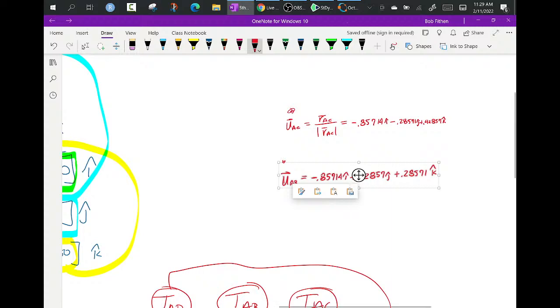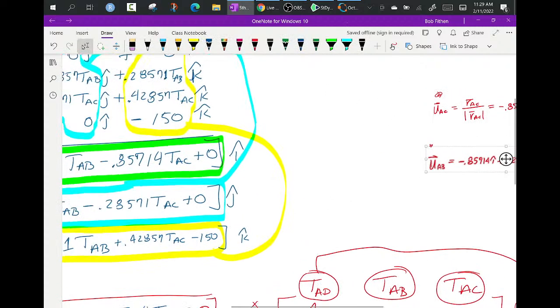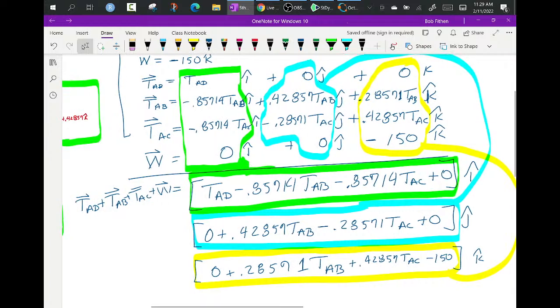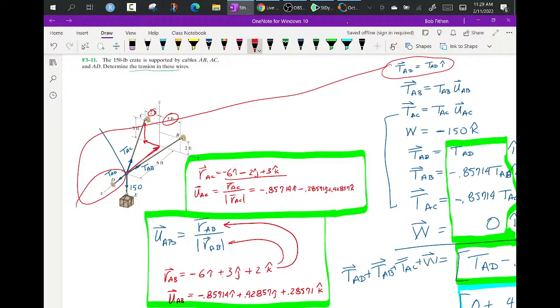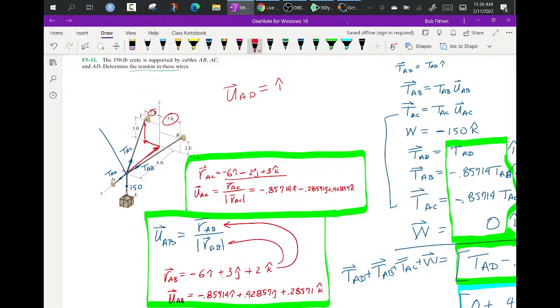Now I'm going to play with these a little bit to clean them up. Now, effectively, this sounds weird, but in this one, the TAD is going straight to the left. So I never actually found the UAD except by observation, it was i. So it went in this direction. The unit vector pointing from A to D is just i. So with that, I'm just going to copy that.